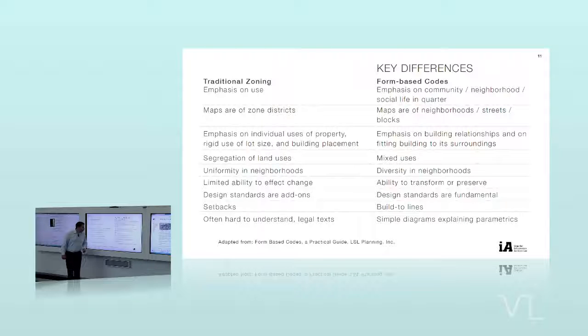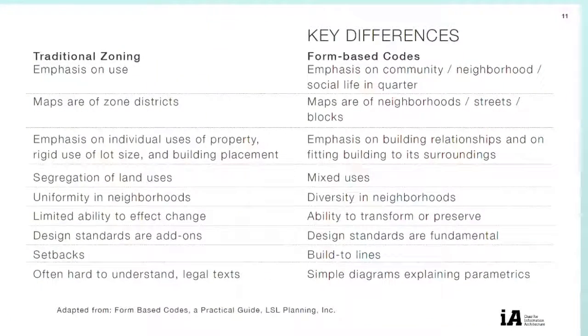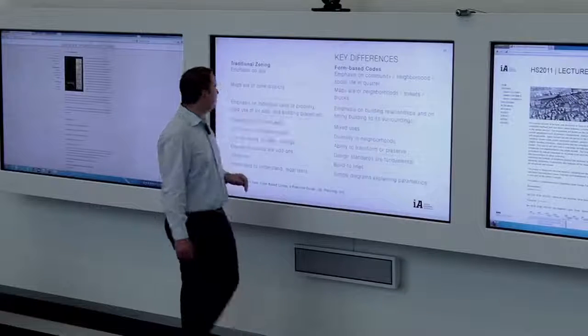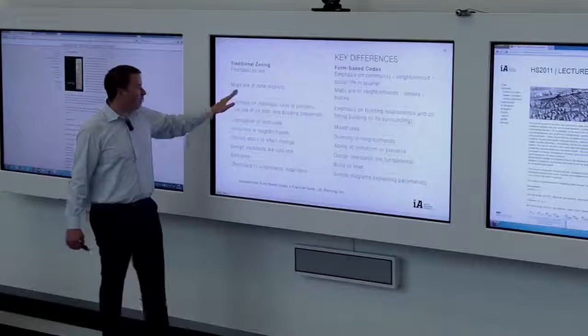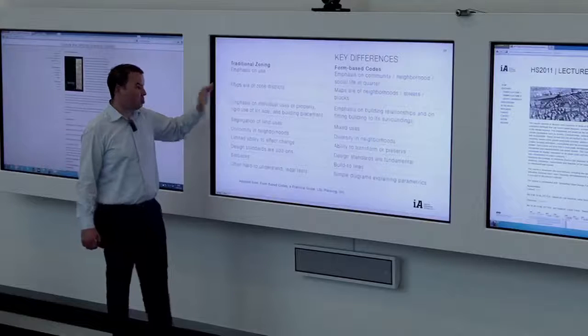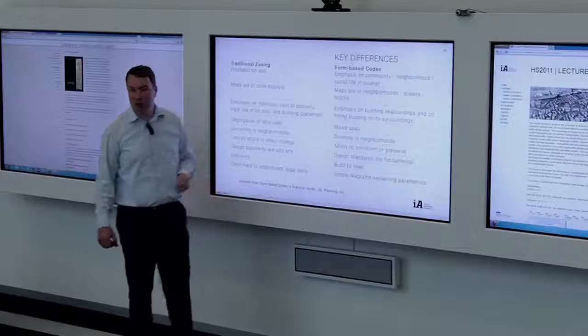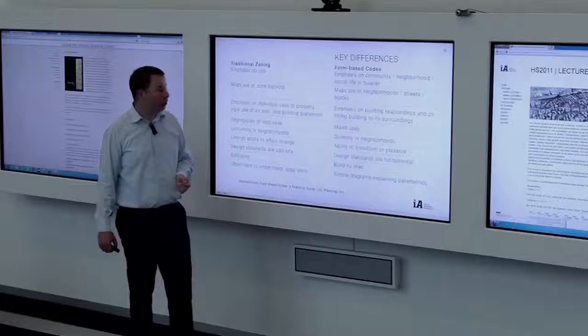So maybe just a short comparison here. As I said, in traditional zoning the emphasis is on use, and here it's more on social life or maintaining an architectural quality on a block scale. The maps from traditional zoning are just zoning districts. They were once defined maybe 100 years ago for some reason.